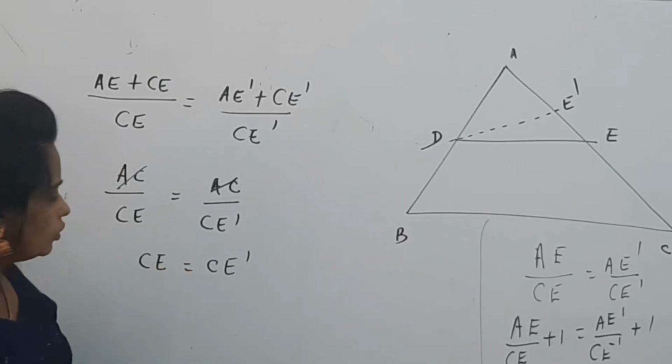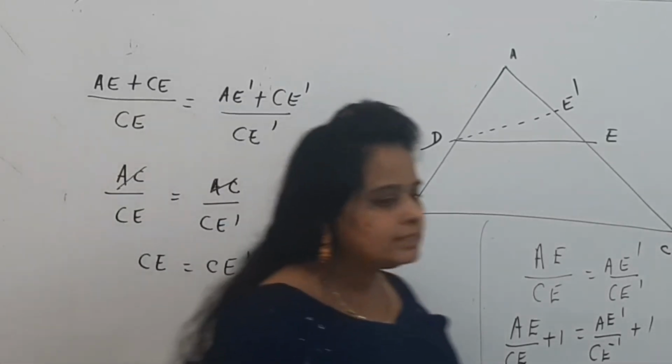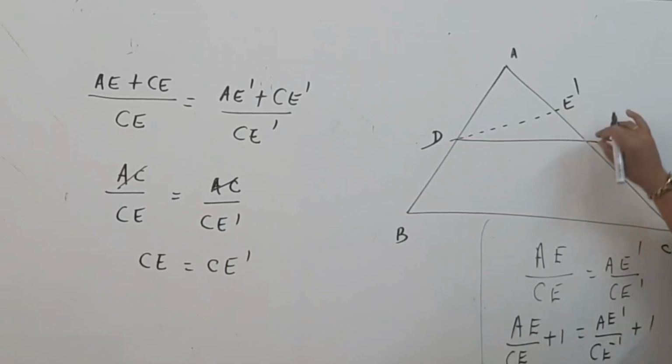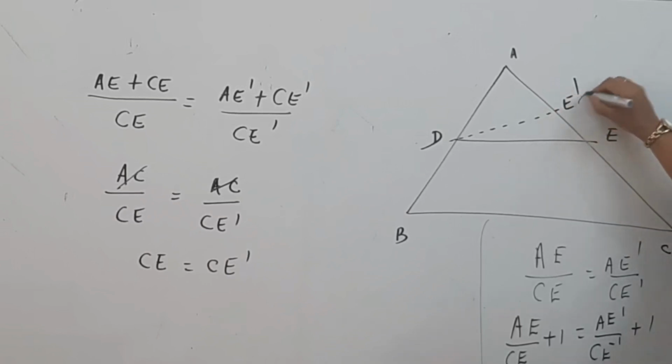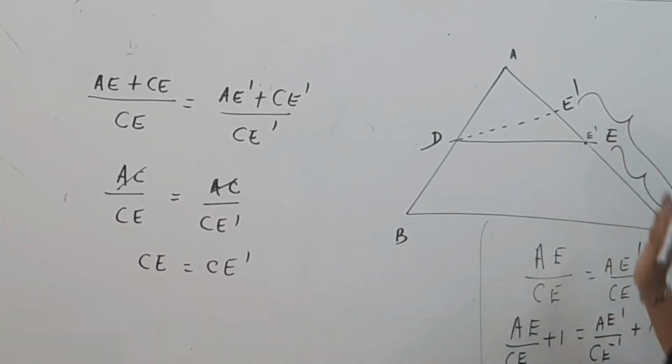It must be true also, correct? So CE is equal to CE dash. That means CE is equal to CE dash, so E and E dash must coincide. Then only CE will be equal to CE dash. This length is equal to this length means that both the points must be here only, right? Then only they will be equal.